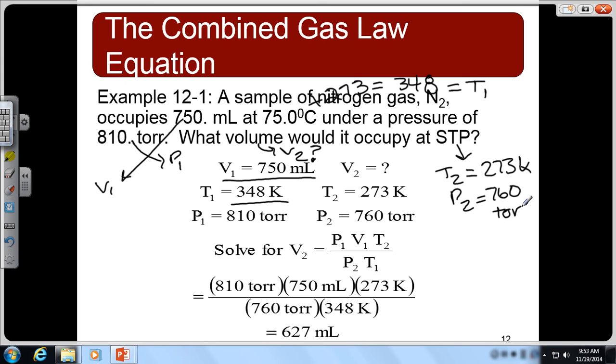We're using torr because we have torr here, right? We could also use ATM if we wanted to. All right, so we're going to write out our combined gas law. P1 V1 T2 equals P2 V2 T1. So you've got to know that. You've got to memorize that.